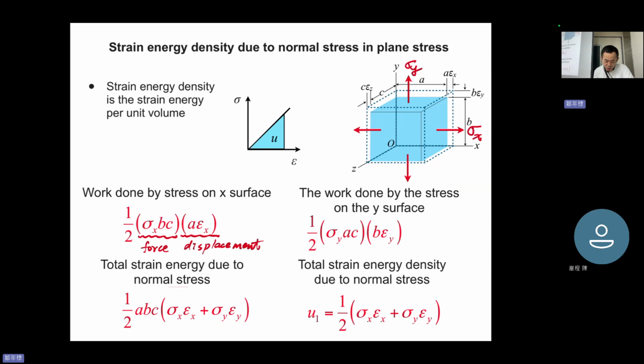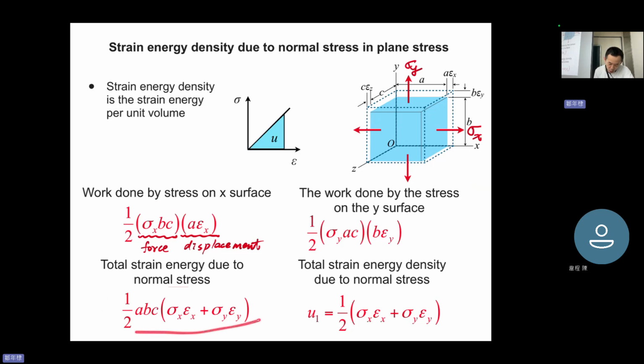So you divide by ABC. But be careful. You still need to add in the work done by the stress on the y surface. Exactly the same thing. Sigma y times the surface AC and B epsilon y. So you have two works, sum them together.